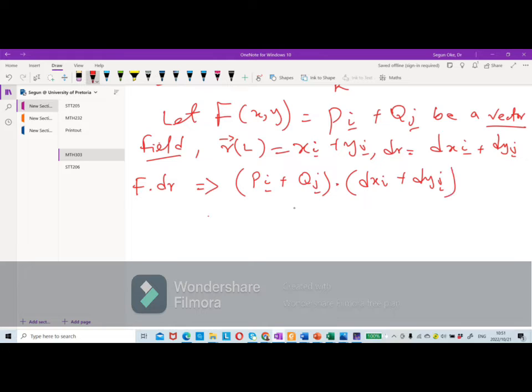The same thing we are doing so far. Our F dot dr will be equal to, you remember, when you take the dot product, i dot i is 1. P dx plus Q dy. So that is where we come across work done.